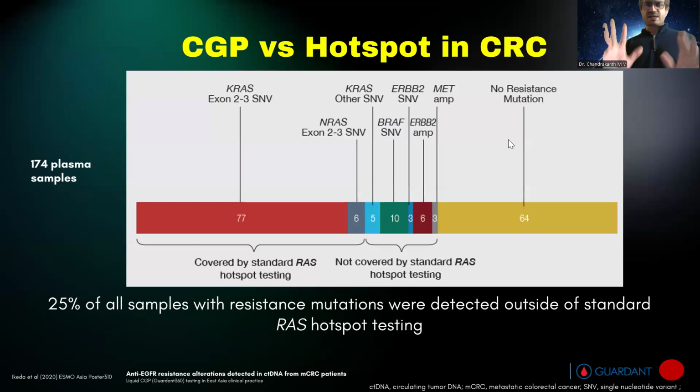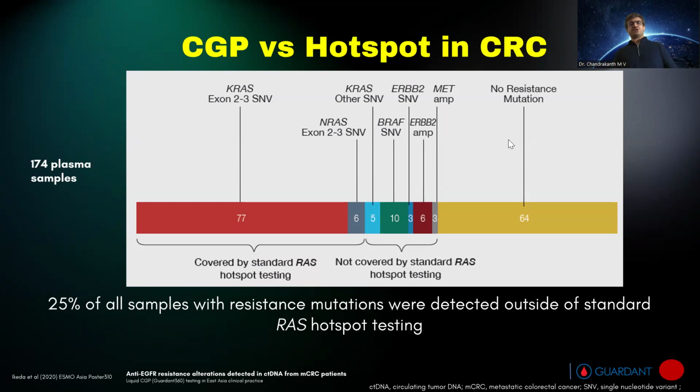If I am doing KRAS, NRAS, BRAF by just hotspot sequencing, I am missing out 25% of patients who are actually mutated, because 25% of mutations are in a domain that is not covered by the hotspot testing.